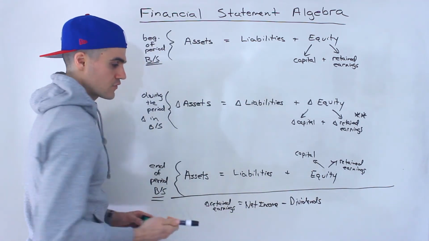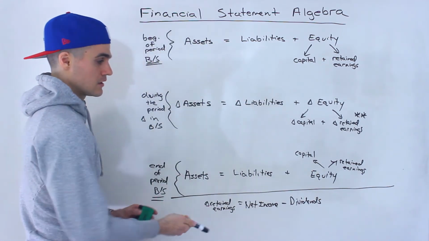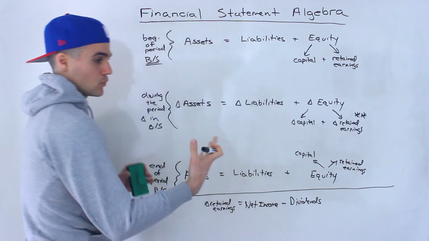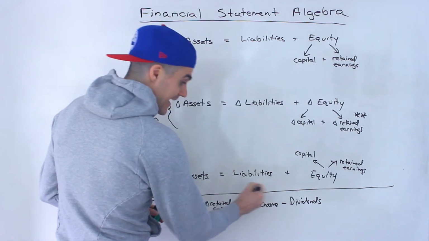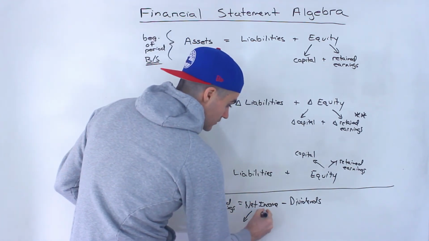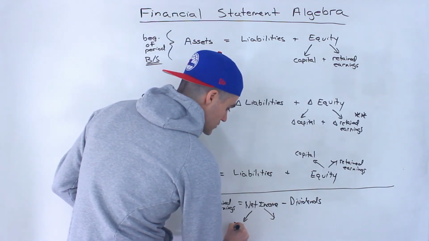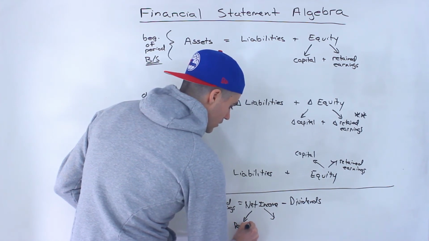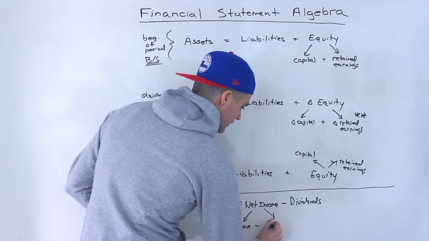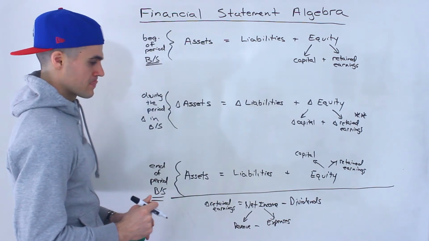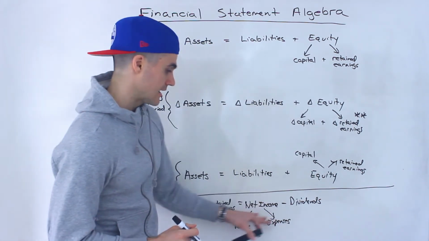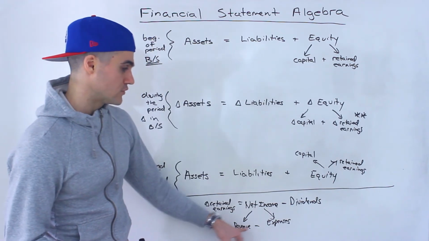Right? Net income comes from the income statement, and then the dividends is any withdrawals that the owners make from the company. And then the net income we could further break down. We know that that is equal to revenue minus expenses. Right? So we could break this net income down further into detail, revenue minus expenses.